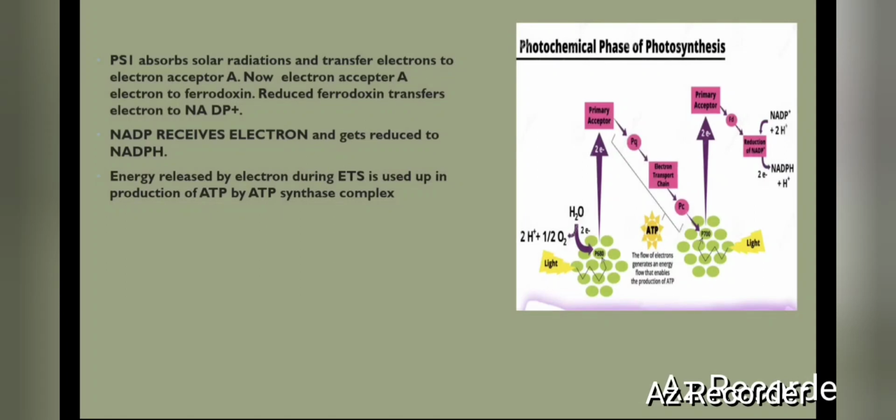Reduced ferredoxin transfers electron to NADP. NADP receives the electron and gets reduced to NADPH.